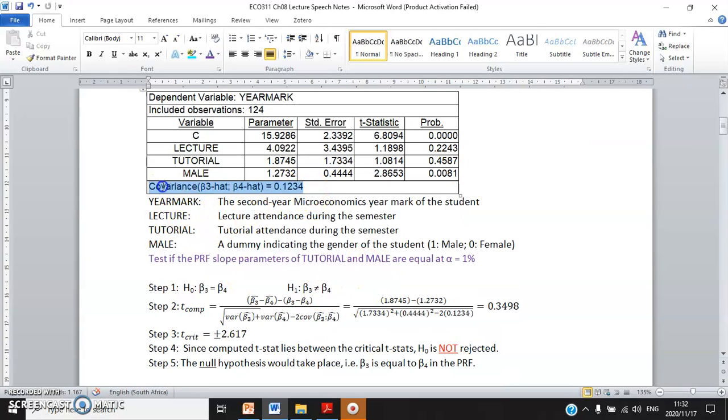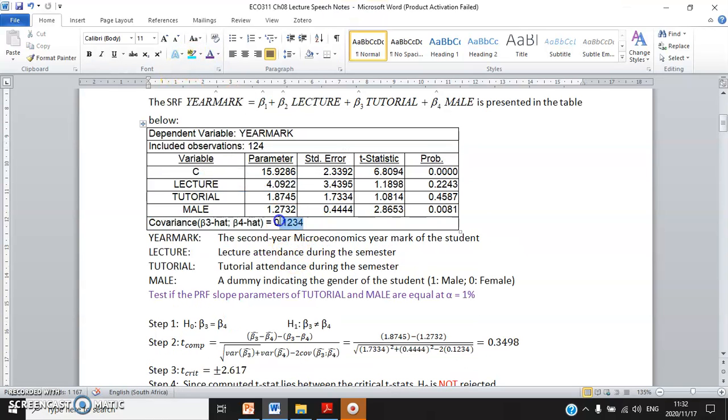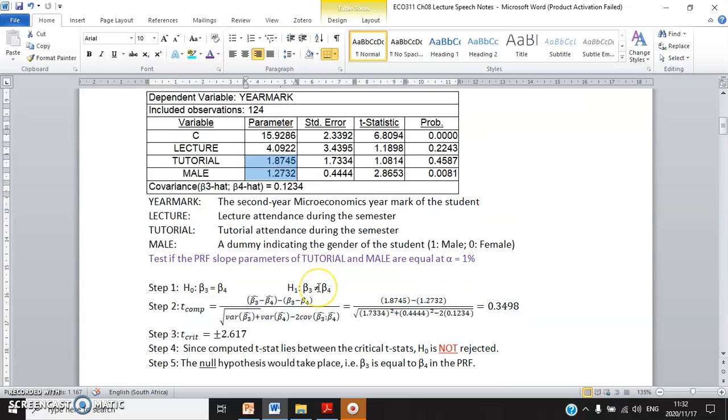As I said before, the covariance between B3 hat and B4 hat must be given to you, because in this question we want to test if the parameter of tutorial, B3, and the parameter of the male variable, B4, are equal to each other in the PRF. In the sample regression function they are not equal, but quite close, just slightly greater than 1.